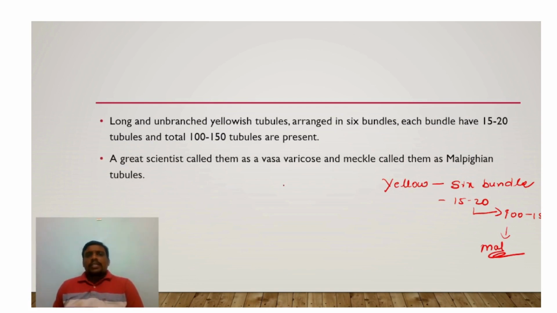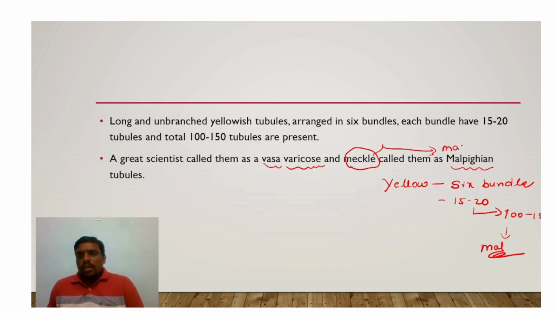Marcello Malpighi, you know very well about Marcello Malpighi, called them vasa varicosa, and Meckel coined the term Malpighian tubules.